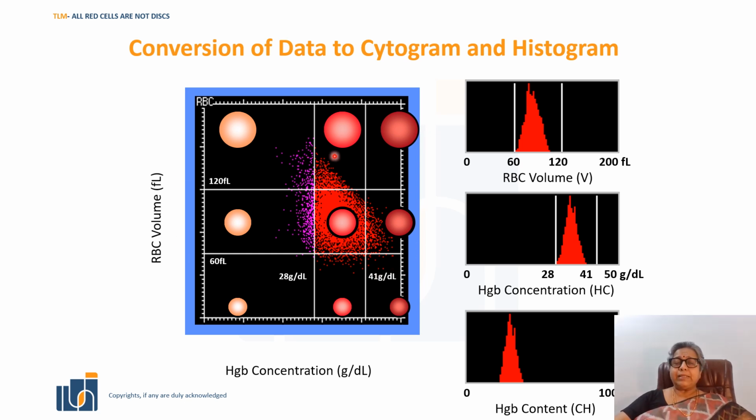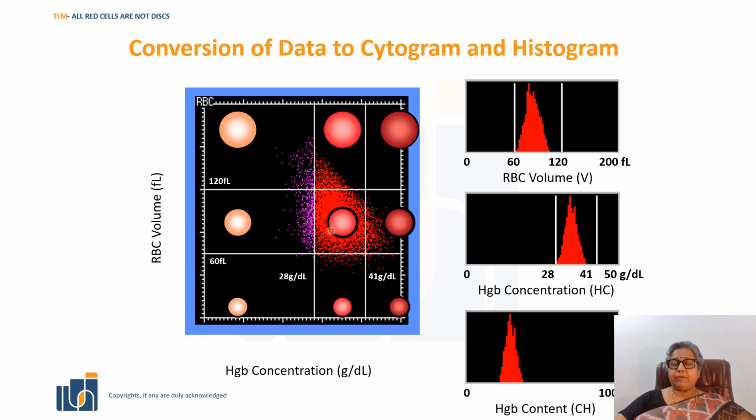So the normal red cells all get scattered in the center. This is like your 9 square tic-tac-toe. So this is your normocytic normochromic, or the garden variety of red cell. Now, this is the red cell volume, which moves from 60 femtoliter to 130 femtoliter, 120 femtoliter, and this is your hemoglobin concentration, moving from 28 grams per deciliter to 41 grams per deciliter.